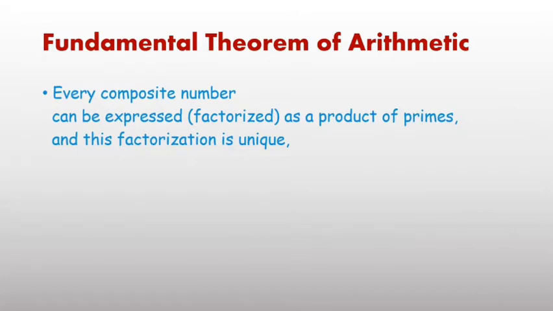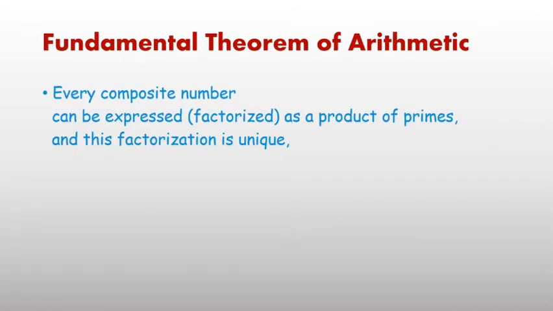But 4 is not a prime number. Therefore, 4 also you have to write as 2 into 2. Means 12 we can write as 2 into 2 into 3 or 2 power 2 into 3. So every composite number, 12 is a composite number, can be factorized as a product of primes. So 12 we can write as 2 into 2 into 3.